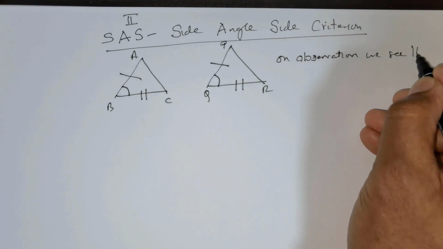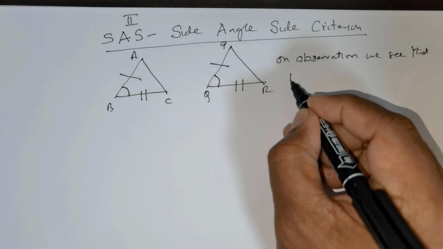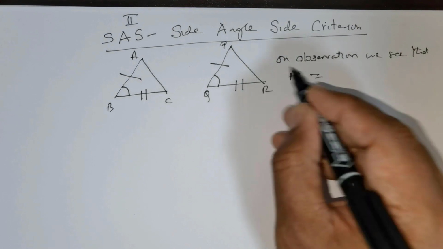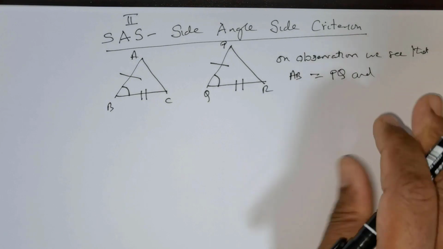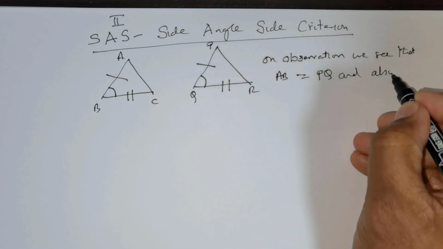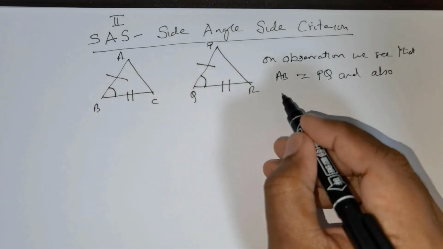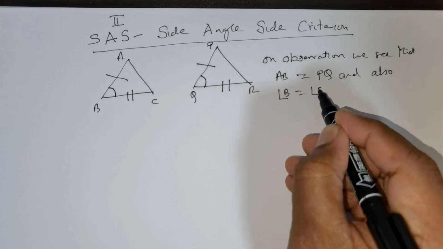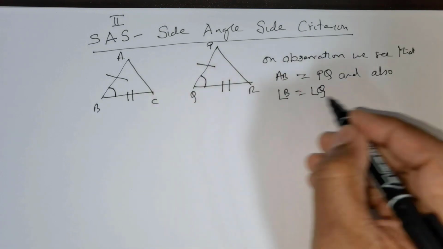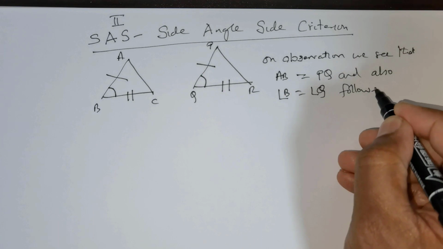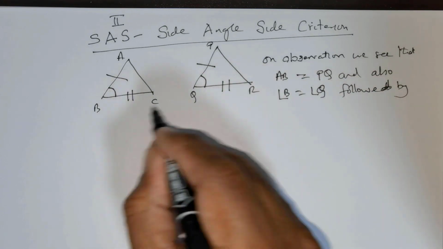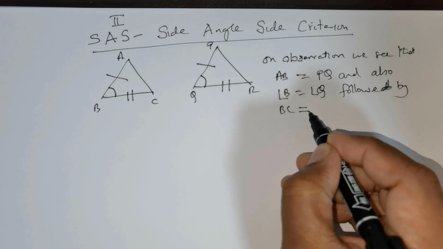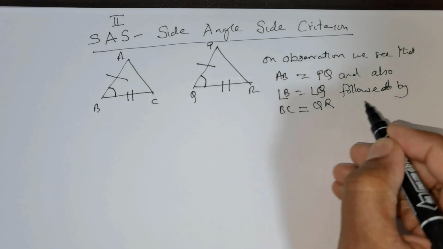So what do we see? AB is equal to PQ, and also angle B is equal to angle Q, followed by BC being equal to QR.